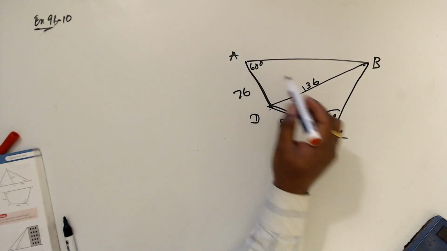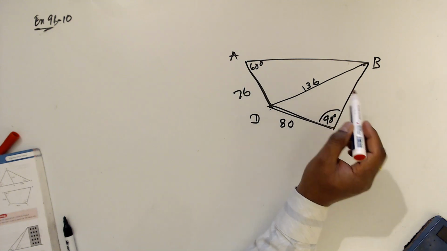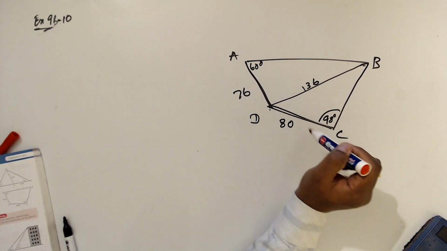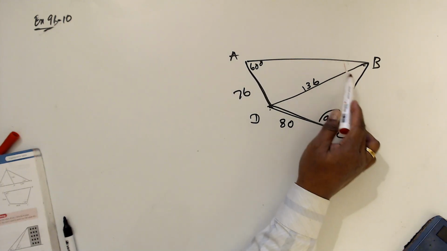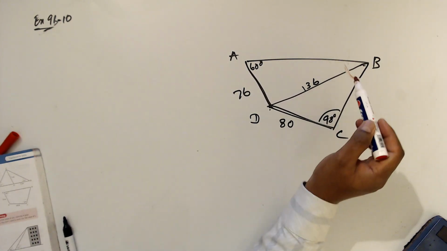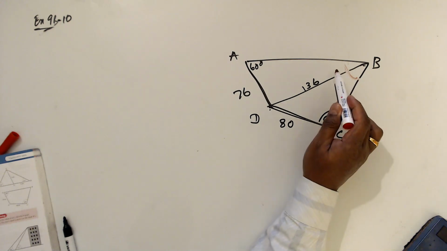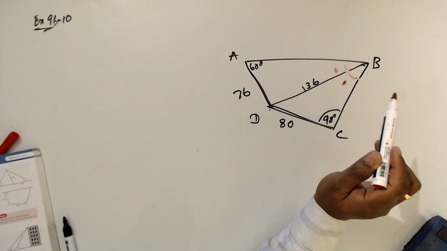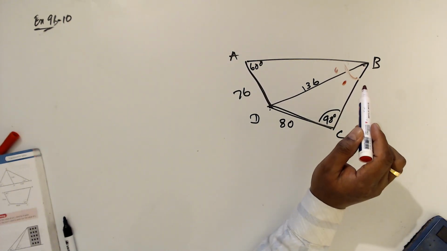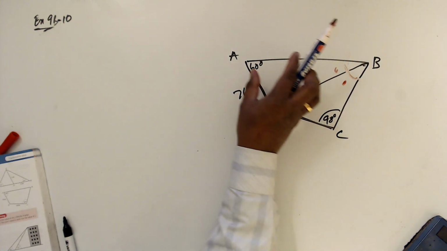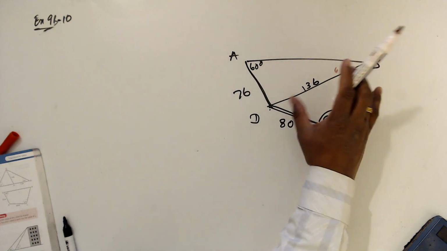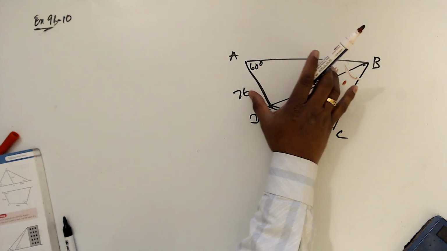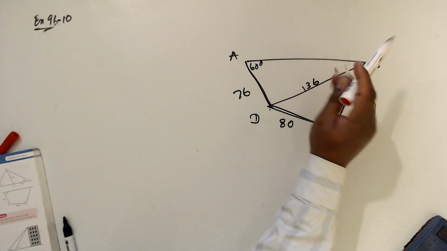Question number 10. What is the plan now? This is 60. This is 136 given. And we want to find this angle. We can find this angle if we know this one and this one. When I look at this small triangle, I know this pair. Then I know this distance, then I can find this one, alpha.